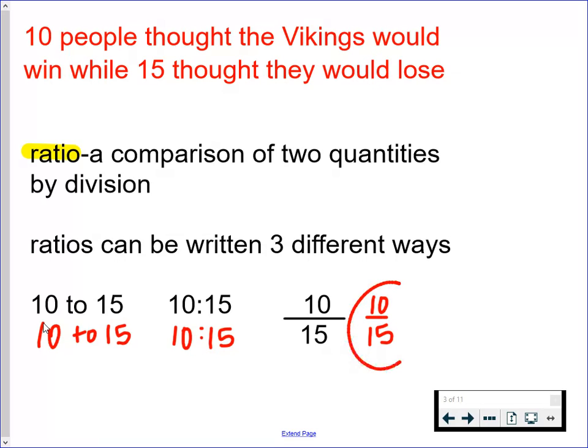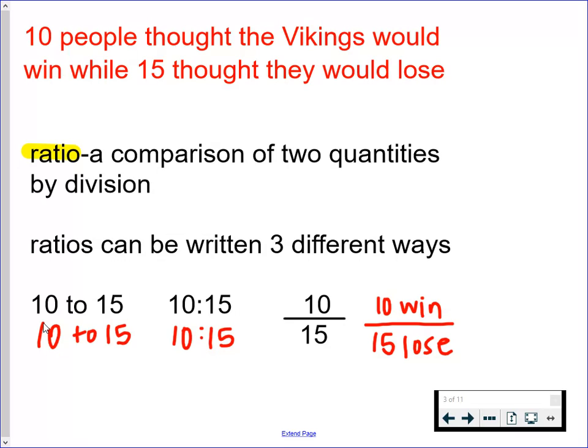To be honest with you, this fraction bar is a little bit confusing since we just ended the fraction chapter, because it does not mean 10 out of 15. It means 10 people thought win, and 15 people thought lose.